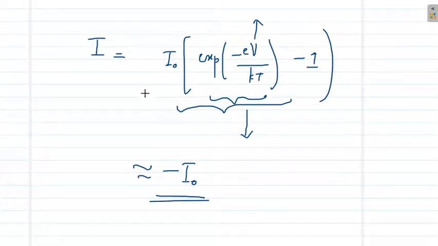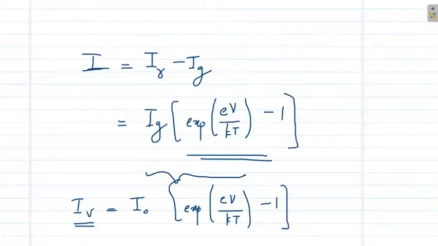If you plot the current through a semiconductor junction, the graph is simply the VI characteristic.